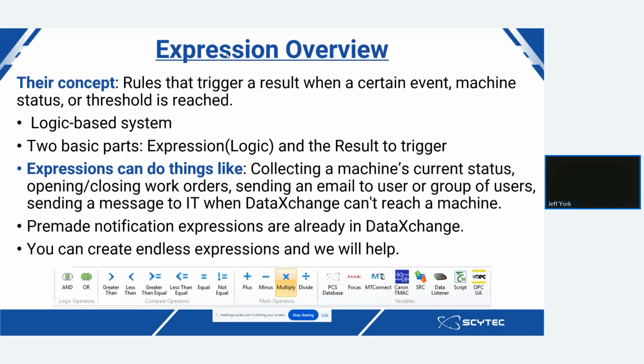There is a litany of pre-made notifications already inside of data exchange, and you can create endless expressions, and we will be there to help you out along the way to create your expressions. What you're looking at down there at the bottom is the expression builder, which I will delve into a little bit more in the next slide. But really, you could think of these expressions like an equation that you would have seen back in high school math.